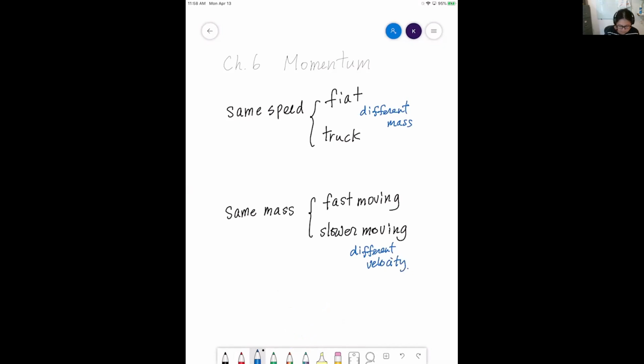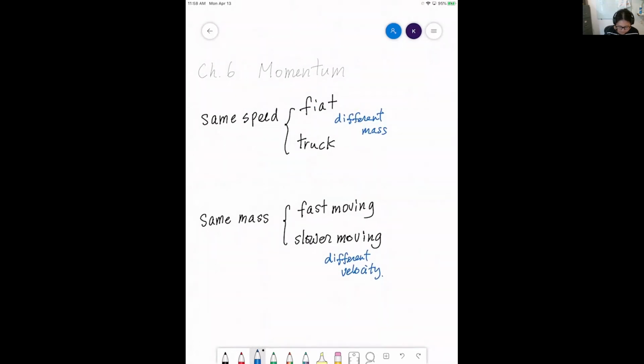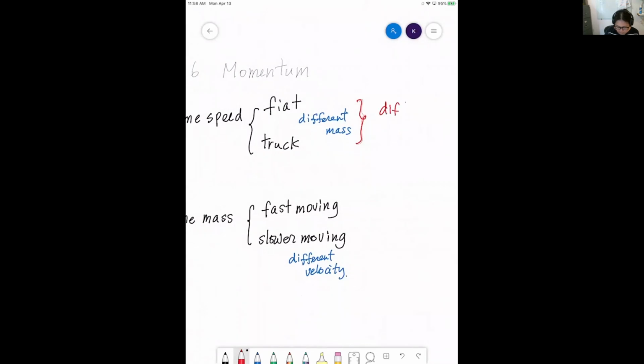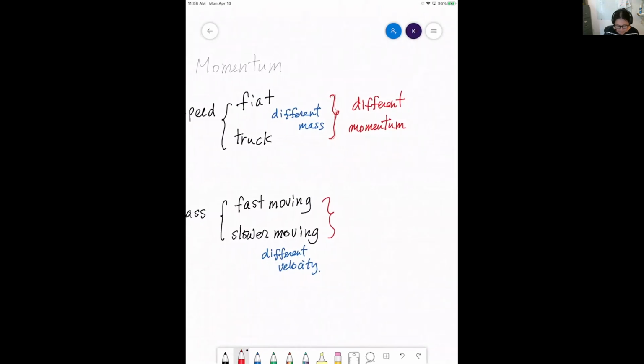Even though it's the same speed, the Fiat and the truck have a different momentum. Also, the same mass with a different velocity has a different momentum.